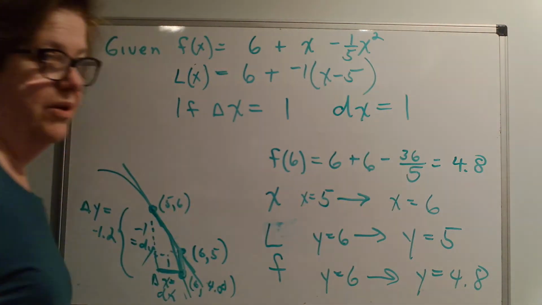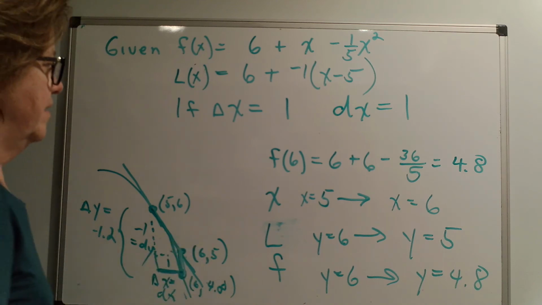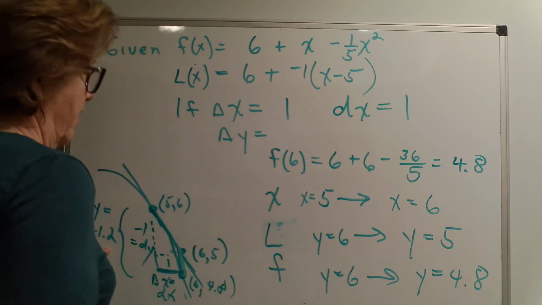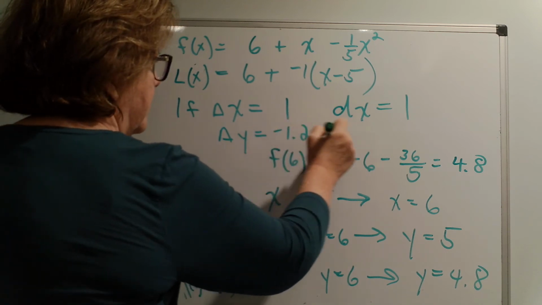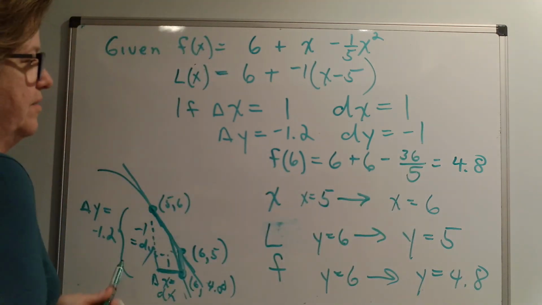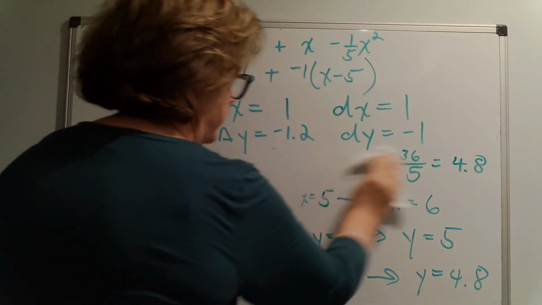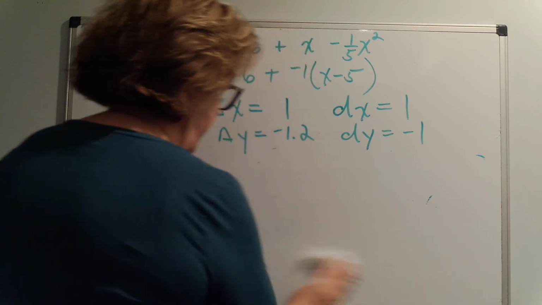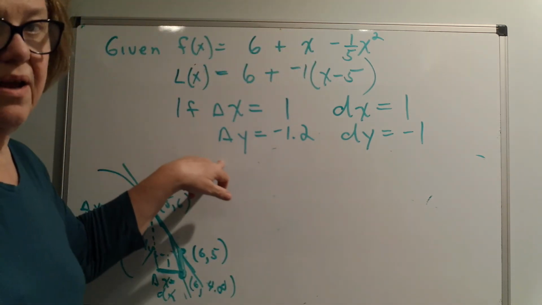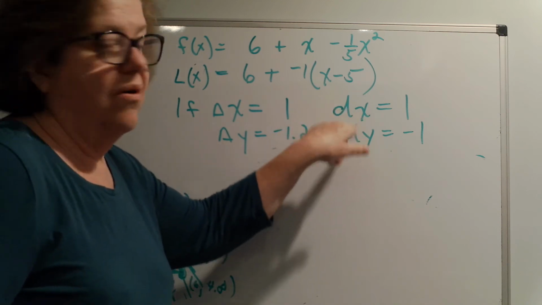But our delta y, our actual change in y, is -1.2. Our approximated change in y is -1. These are called differentials.